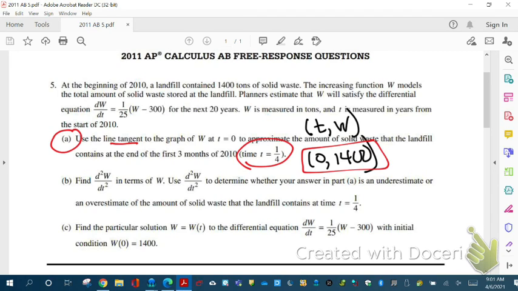Then in part B, find the second derivative, figure out if it's positive or negative at this point, and make sure you state whether the second derivative is positive or negative on the interval from 0, the point we used when we wrote the equation, to 1/4, the point that we estimated. The last part should be pretty clear. We've done that a bunch of times.